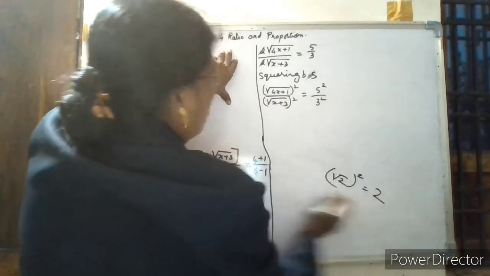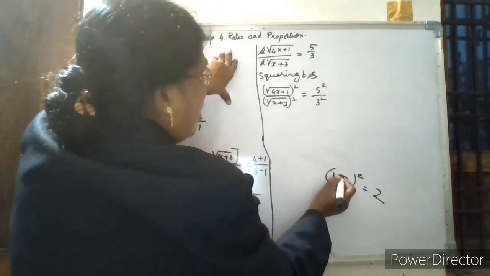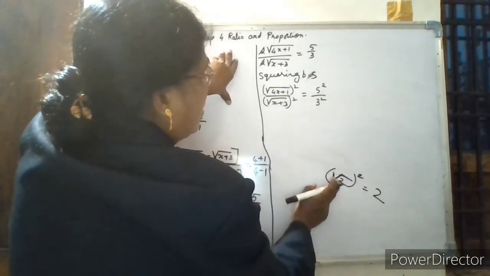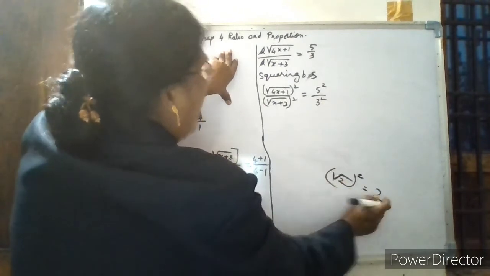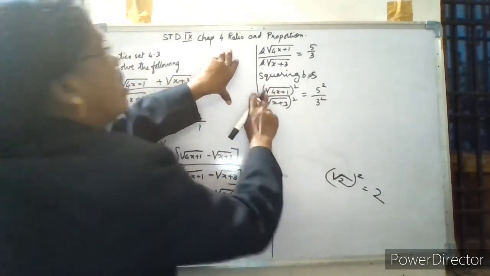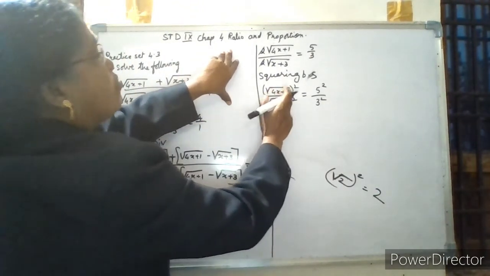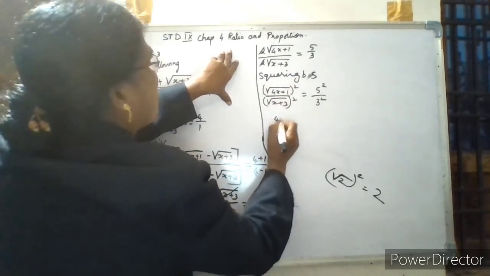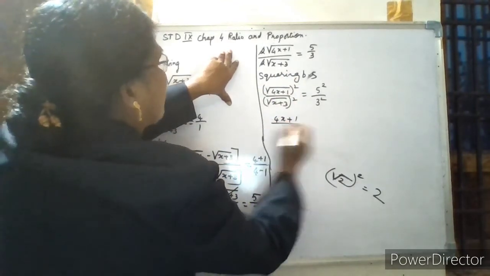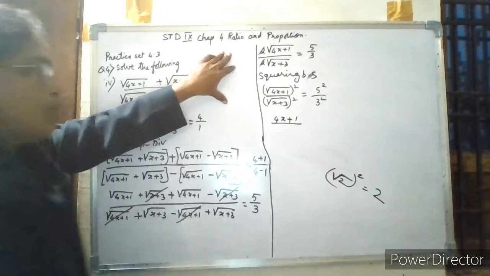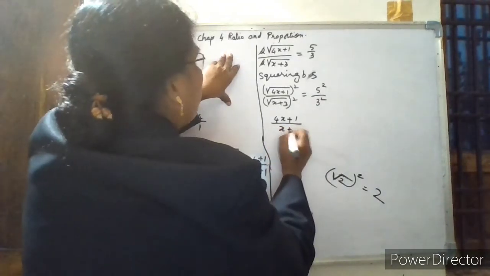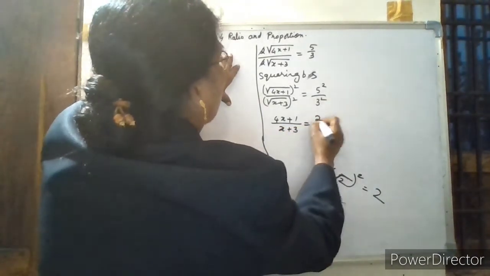So that means under a root, if it is squared, it will be equal to the radicand. So here, root of 4x plus 1 the whole square will remain as 4x plus 1 only, that is, the root will go away. So upon x plus 3, this is equal to 25 upon 9.